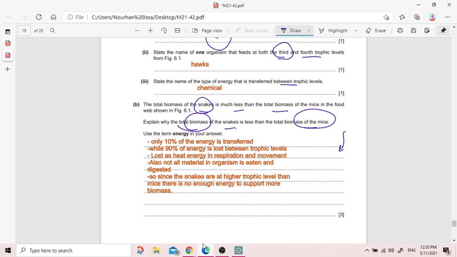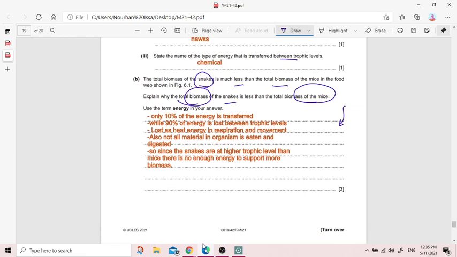Or he can ask, why are the food chains usually not more than 4 or 5 trophic levels? All of these have the same answer, which is: because only 10% of the energy is transferred, while 90% is lost between the trophic levels.